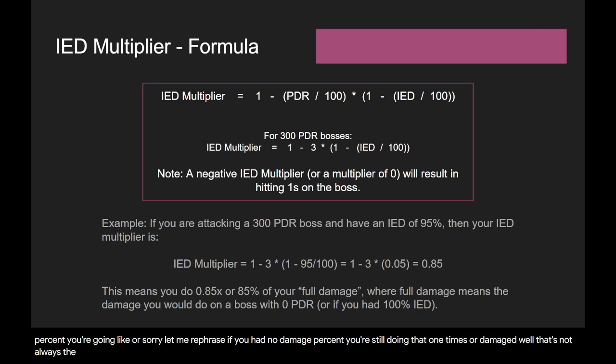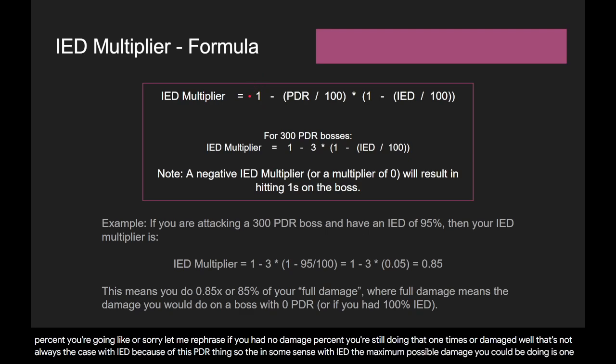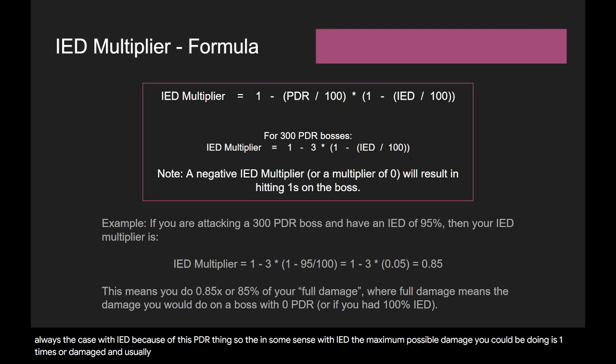Well, that's not always the case with IED because of this PDR thing. So in some sense with IED, the maximum possible damage you could be doing is 1 times your damage, and usually you're doing less than that because of PDR. So that's why instead of being followed by a plus sign, we have this minus sign here.